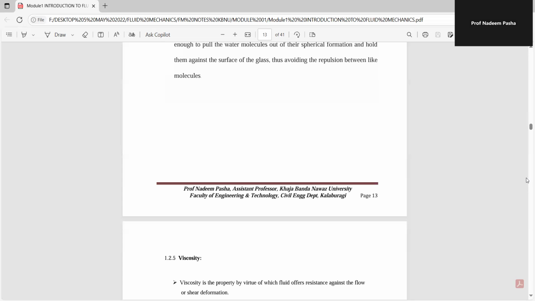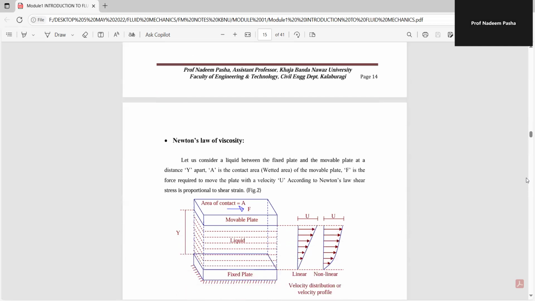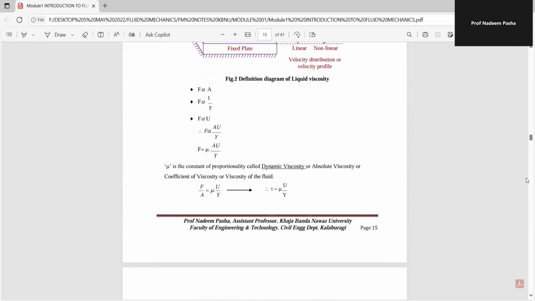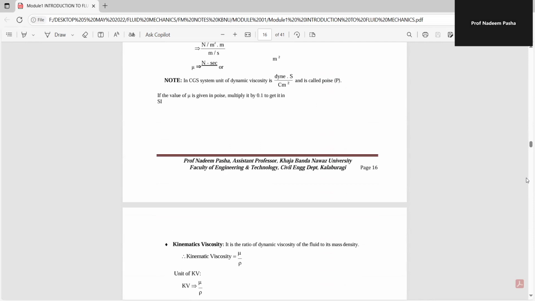Then we studied about viscosity. Viscosity is nothing but property of a fluid by virtue of which one layer of the fluid opposes the flow of another layer. Then we studied Newton's law of viscosity, which said that shear stress acting on the fluid element is directly proportional to shear strain. Tau is equal to mu into du by dy, where mu is known as dynamic viscosity or coefficient of viscosity.